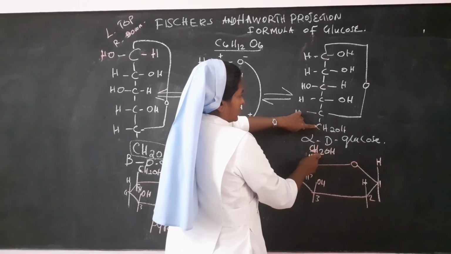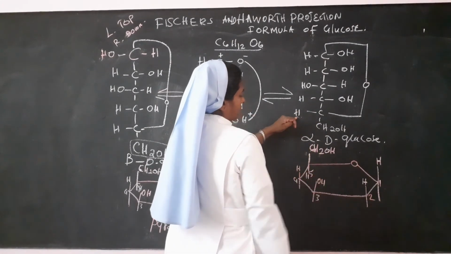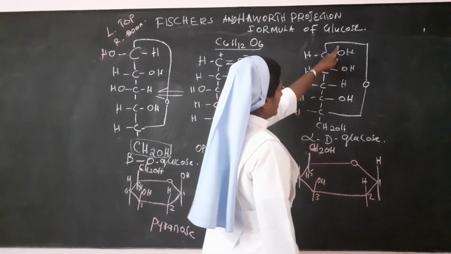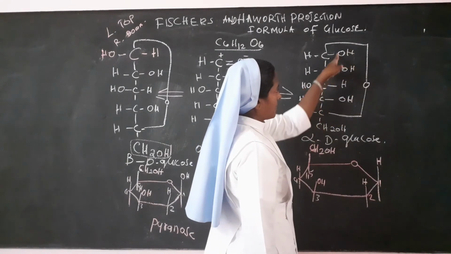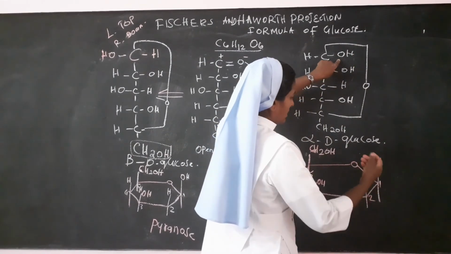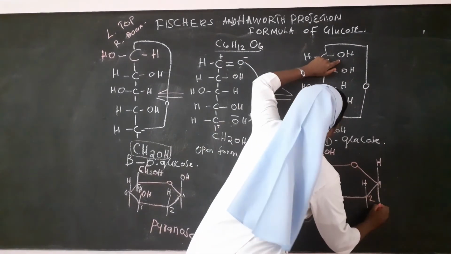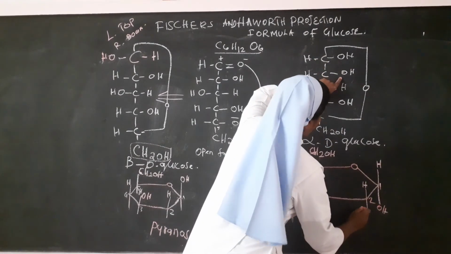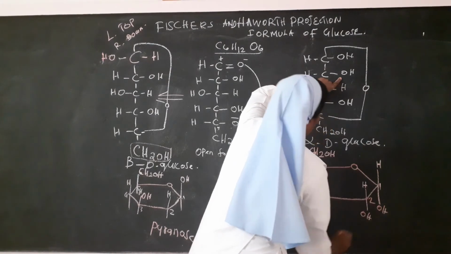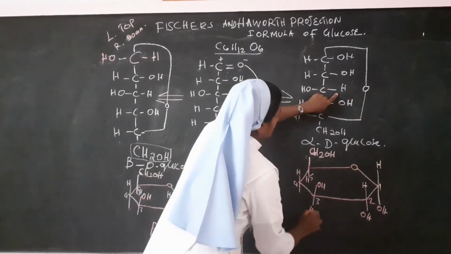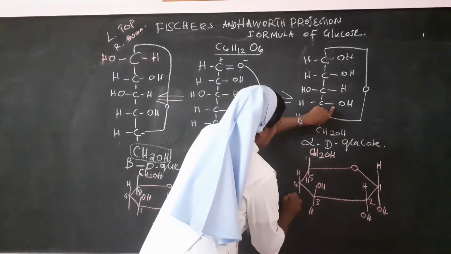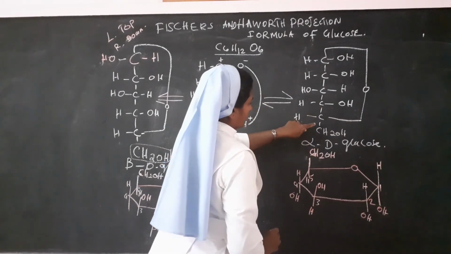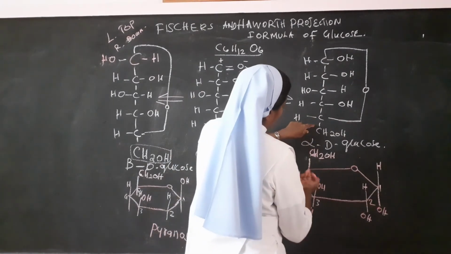Already we have written the hydrogen on the fifth carbon. Okay, then what is on the right side should be written at the bottom. Here OH, and here second carbon OH, third carbon hydrogen, fourth carbon is OH.